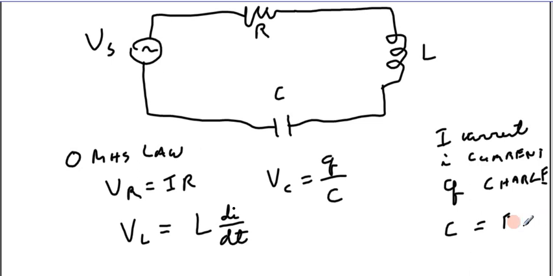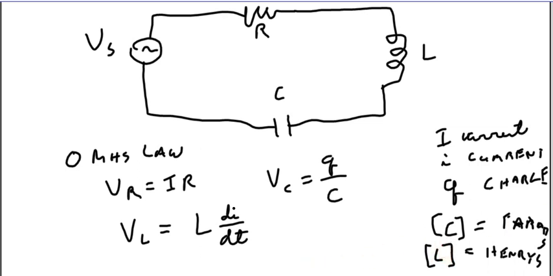The capacitor is measured in farads. The inductor L is in Henry. So we'll put brackets around these things to indicate that they're units of measurement.